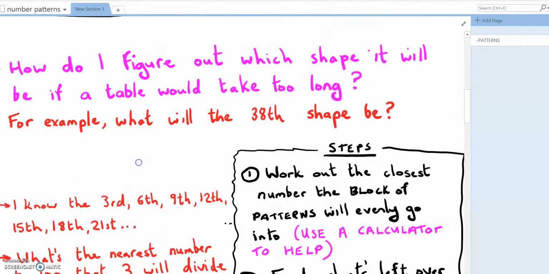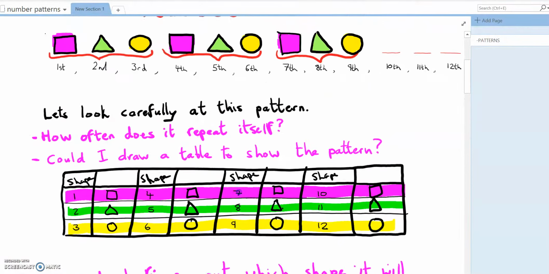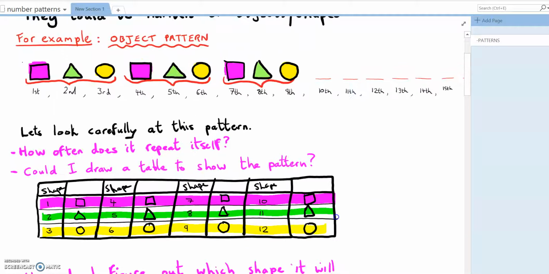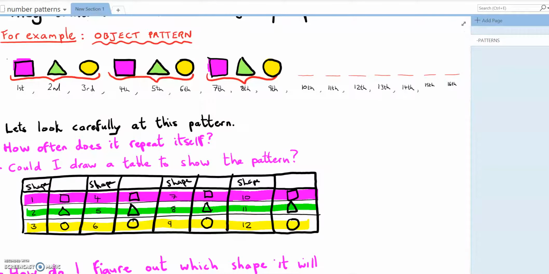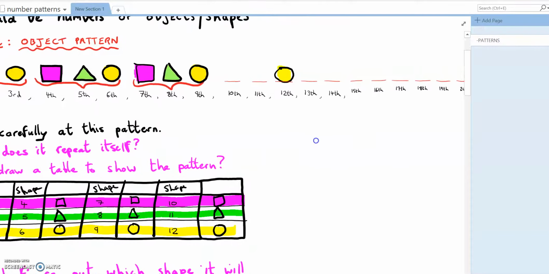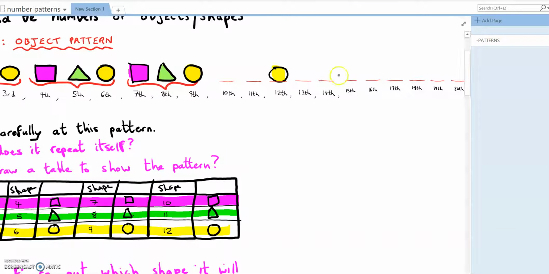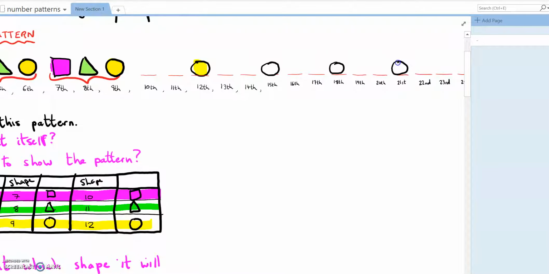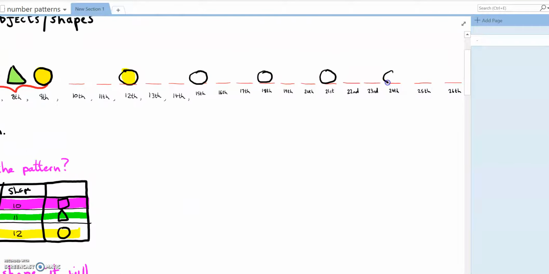Now, why am I doing this? So let's just go back up to my pattern again. I've got block, triangle, circle, block, triangle, circle, block, triangle, circle. I can tell you now what the 12th shape is going to be. It's going to be a circle. Therefore, I can also tell you what the 15th, indeed the 18th, indeed the 21st, indeed the 24th.